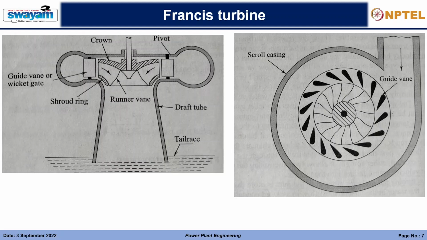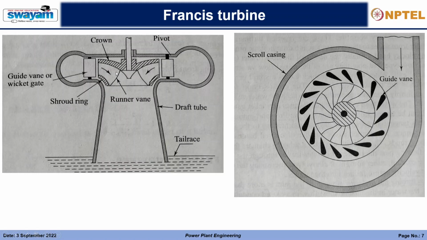What happens in a Francis turbine is, if we consider this picture right now, the water enters here and goes through these guide vanes. You see here, these are the guide vanes, and as it goes in the radial direction it enters into the runner blades.